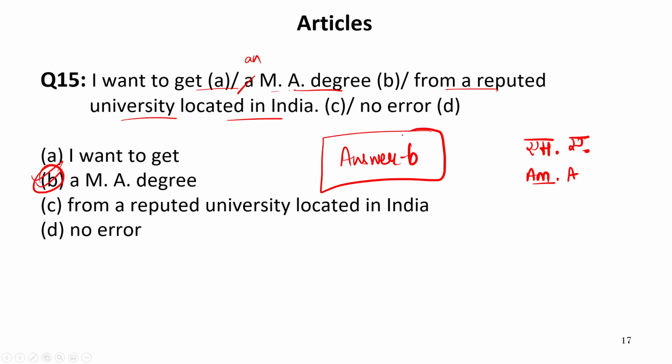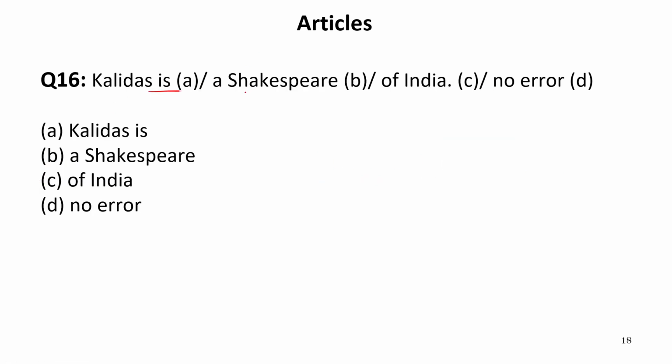Now let us move to the next one. Kalidas is a Shakespeare of India. Now in this sentence, we have taken this name of Shakespeare for Kalidas, but we have not written this Shakespeare for the Shakespeare only. It means this proper noun over here is behaving like a common noun. It is not used as a proper noun. In fact, it has been used as if it could be any.